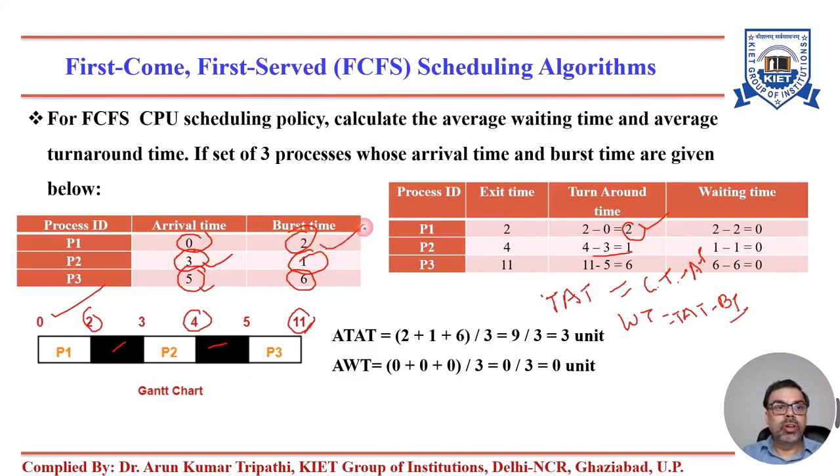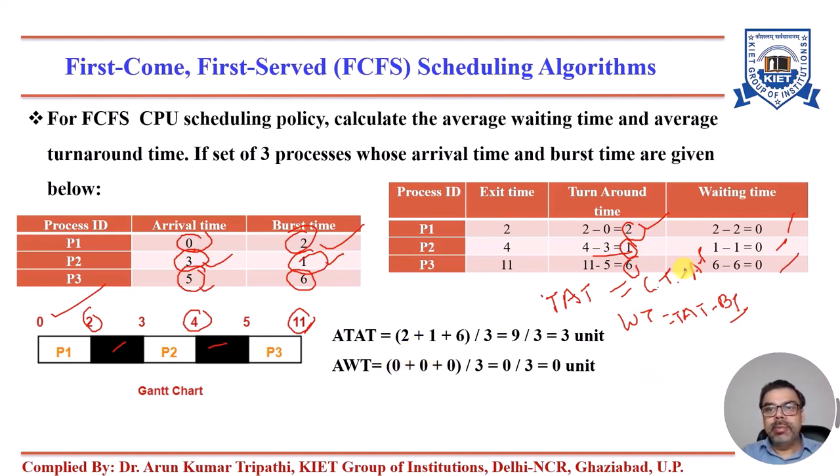The burst time for process P1 is 2. So 2 minus 2 is equal to 0. For process P2, turnaround time is 1 minus burst time, that means 0. For the process P3, the turnaround time is 6 and burst time is also 6. So again it is 0.